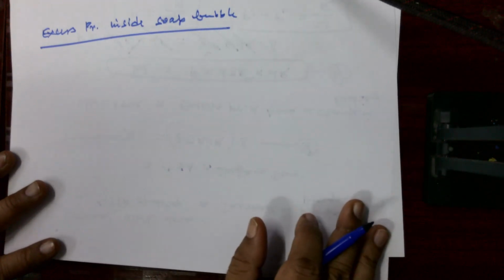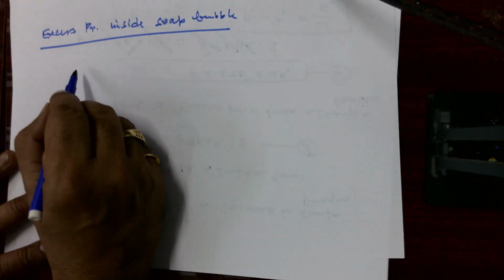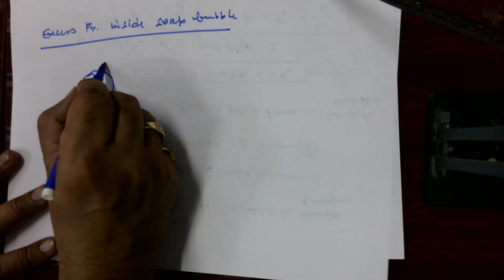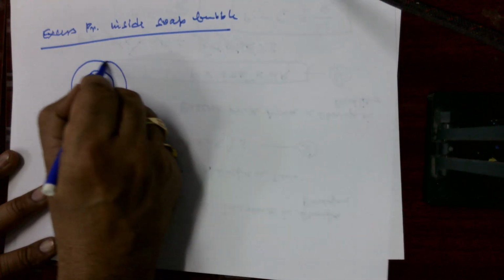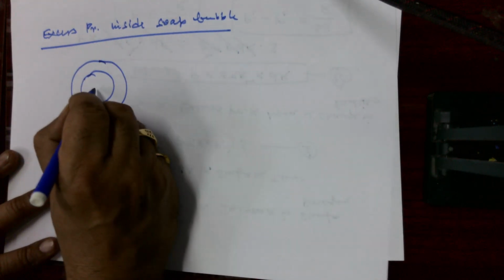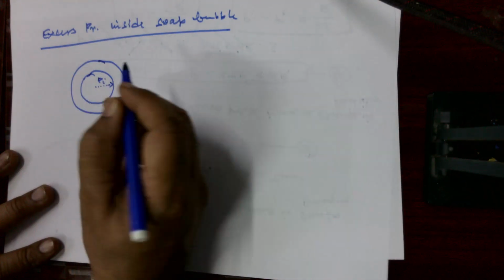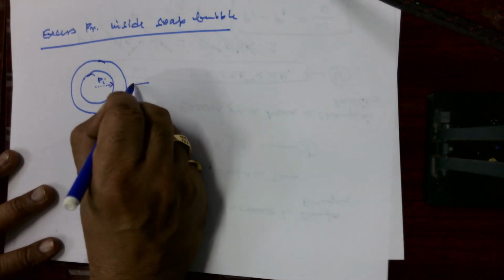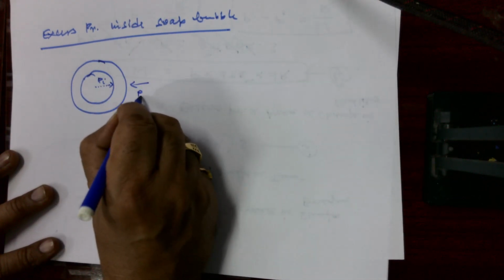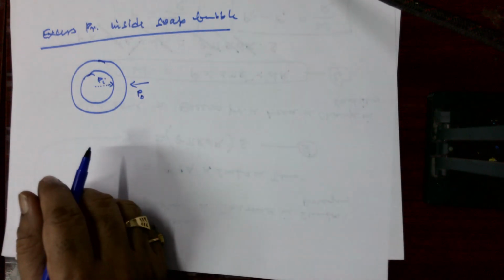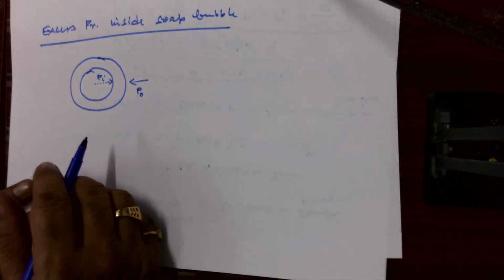Now let us work out here. And so this is the sphere before shrinking like this. And this is the internal pressure, you can put Pi. And what about this? This is the outward pressure, Po, external pressure, the pressure outside.